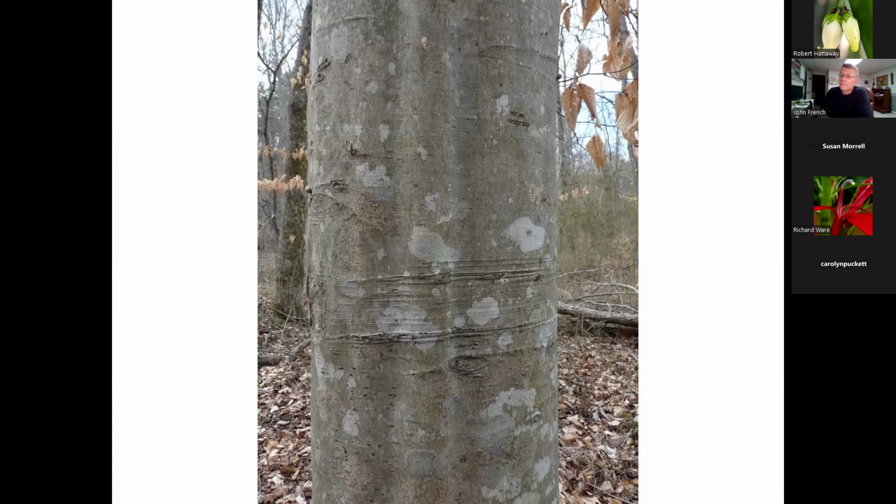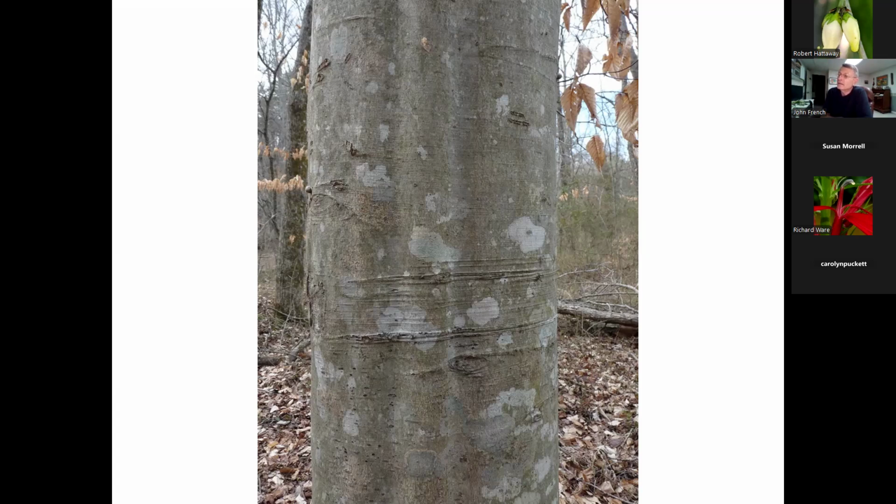It's a very impressive tree. Limbs go out, drag the ground, take root, and form separate trees. It's really amazing. And the leaves stay on in the winter, like you see in this picture.